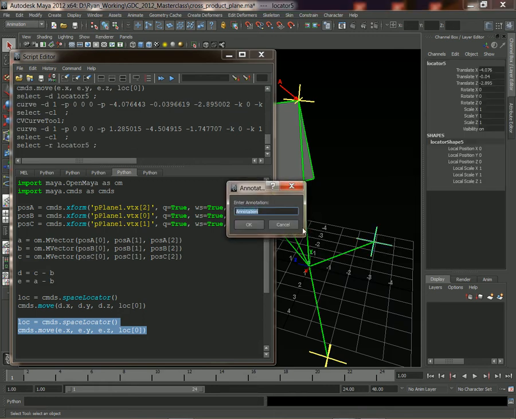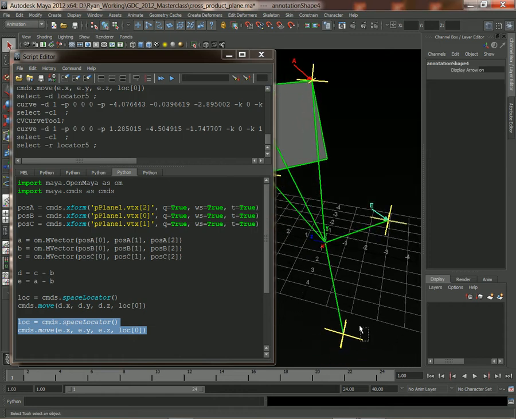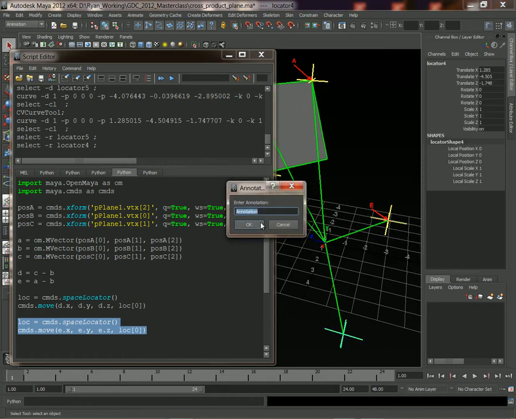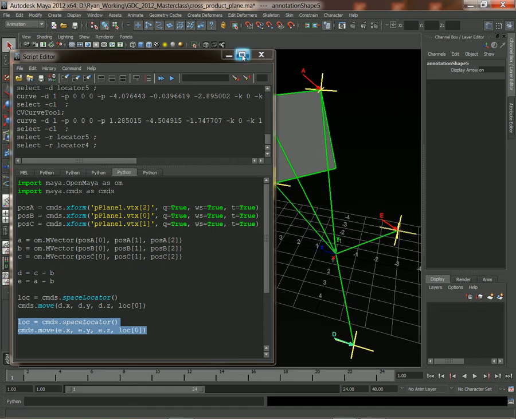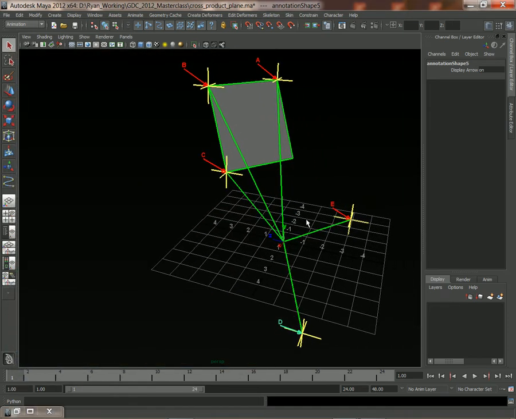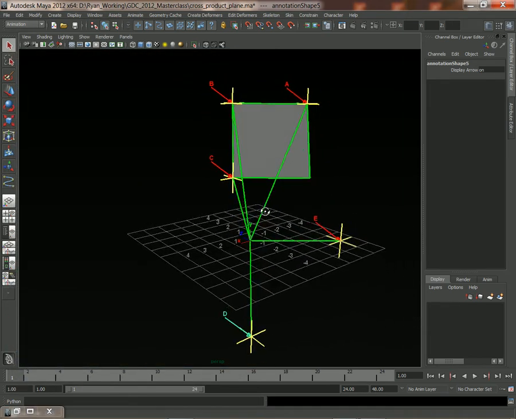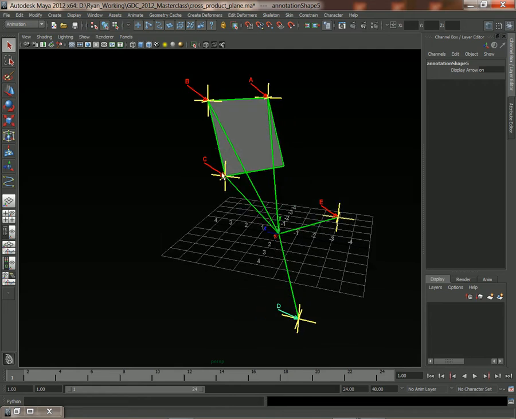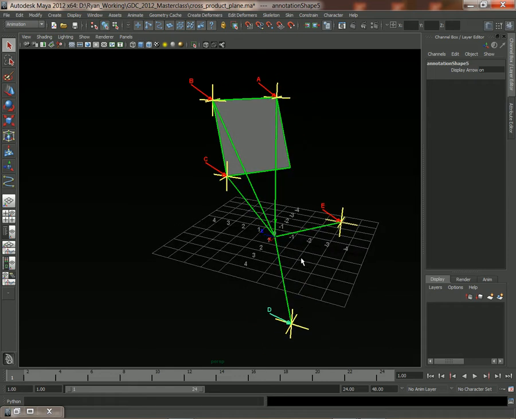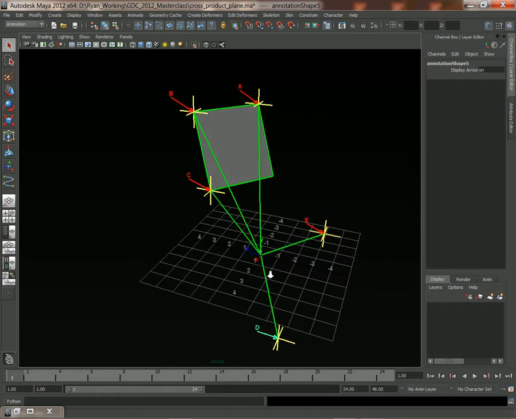So this would be E, and this would be D. So these vectors here are exactly the same as the vectors on this plane. We've just drawn them down here.